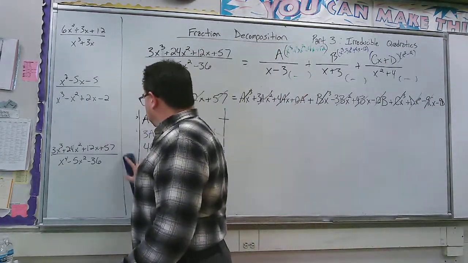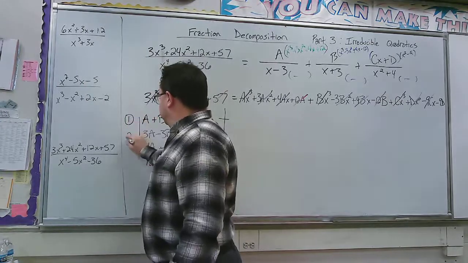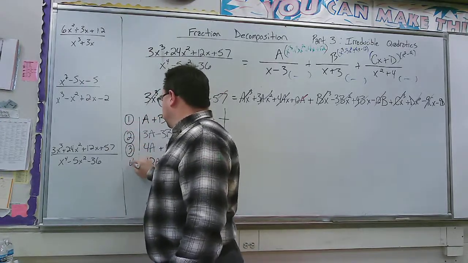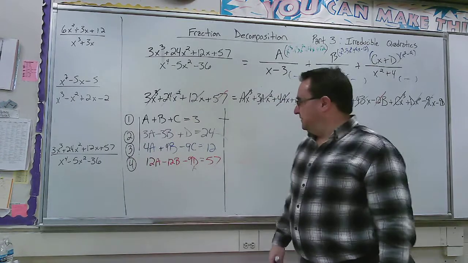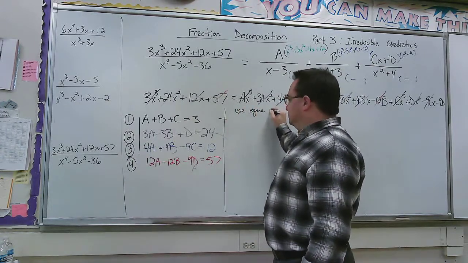So I'm going to erase that, and I'm going to number these equations 1, 2, 3, and 4. That way I can refer to them. So I'm going to use equations 1 and 3.